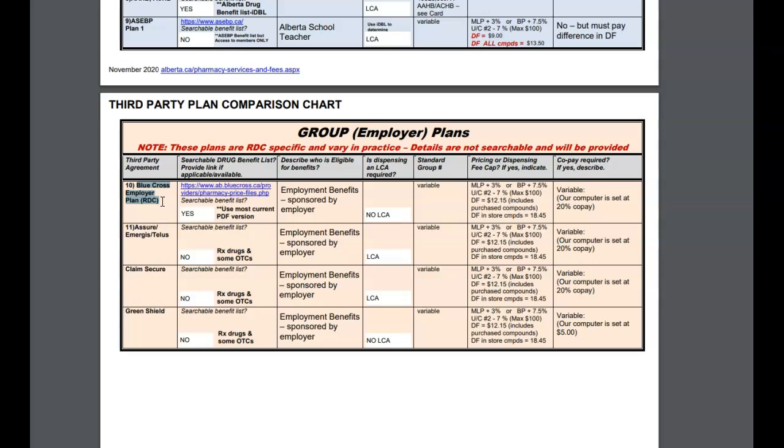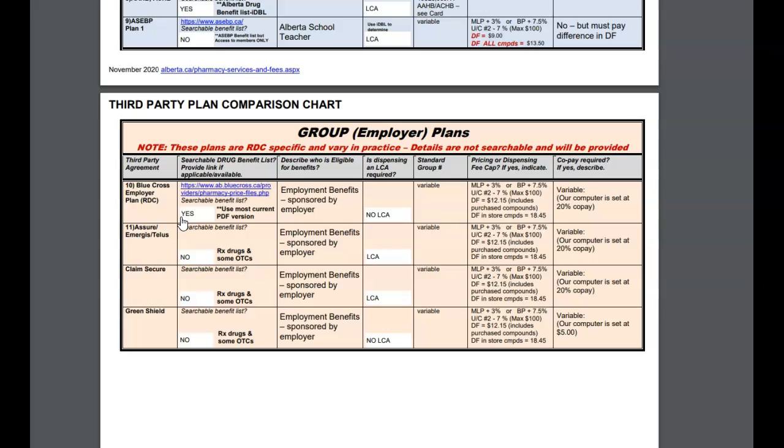So by no means what you see here for these group plans will be reflective of what you would see officially out in practice. Again, we've just specified what they are so that we all have something to work with, and we abide by these particular parameters that are here.